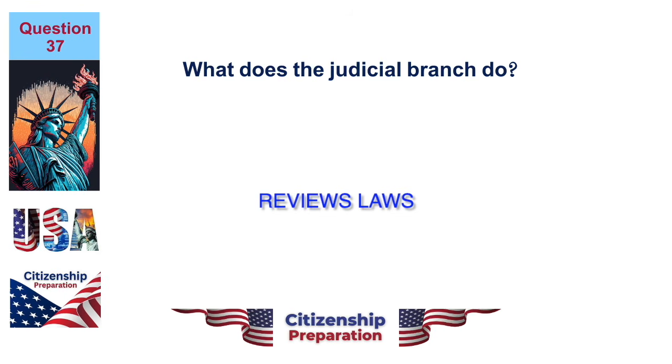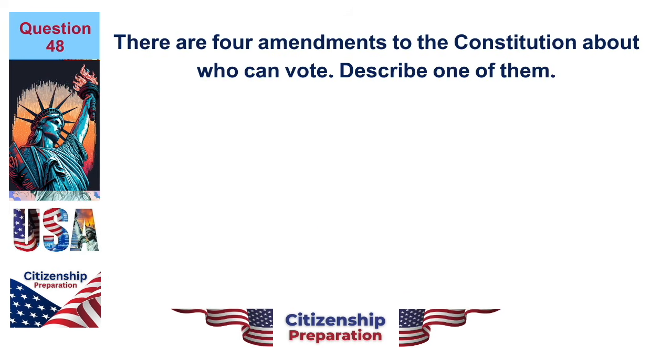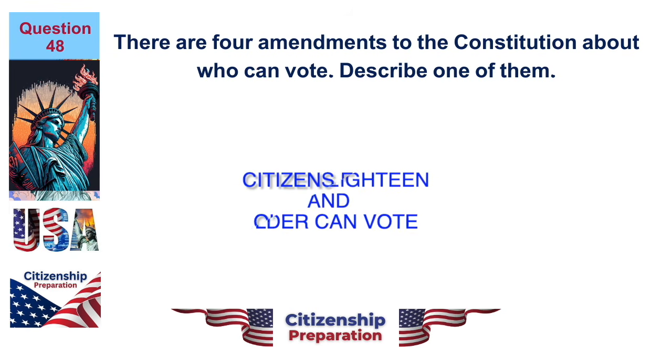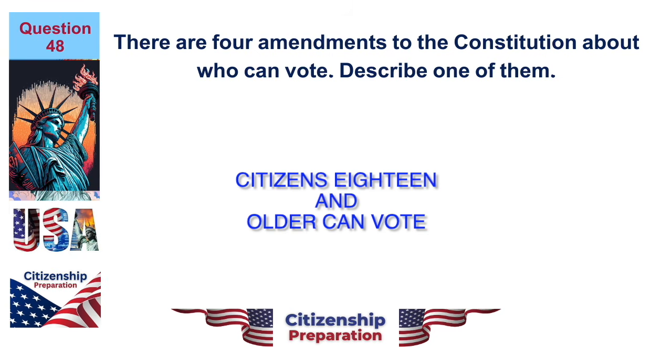Reviews laws. There are 4 amendments to the Constitution about who can vote. Describe one of them. Citizens 18 and older can vote.